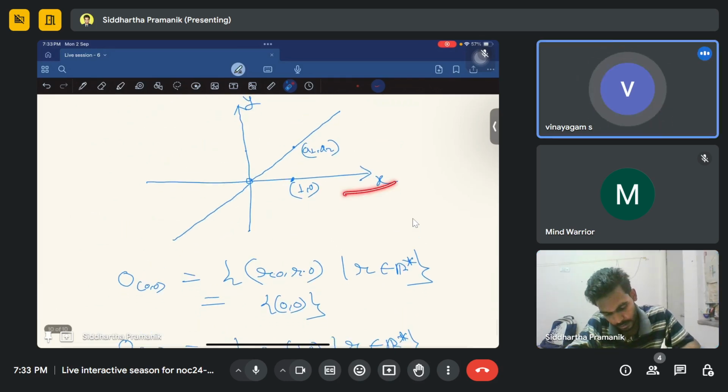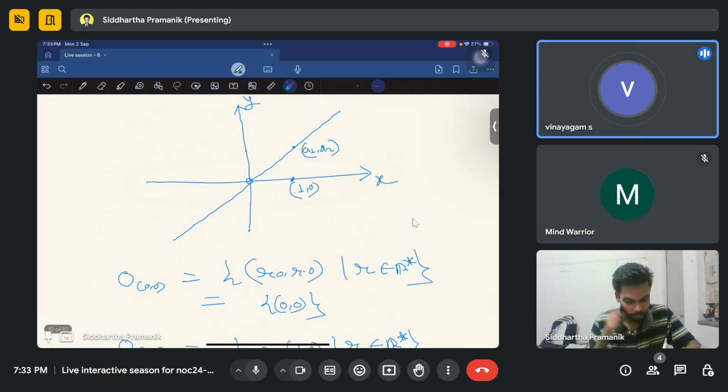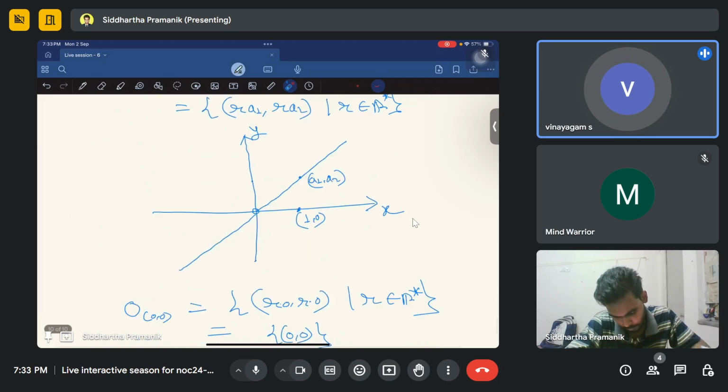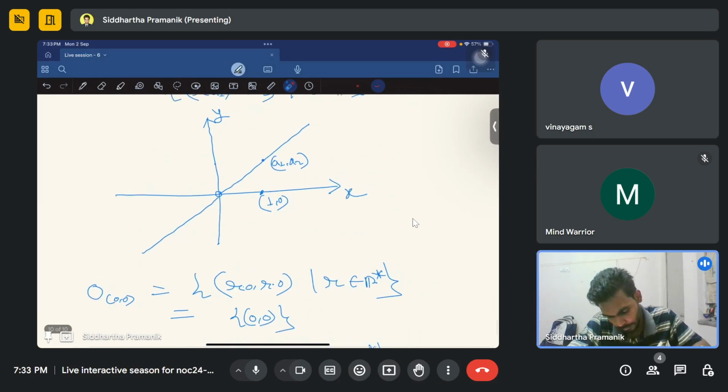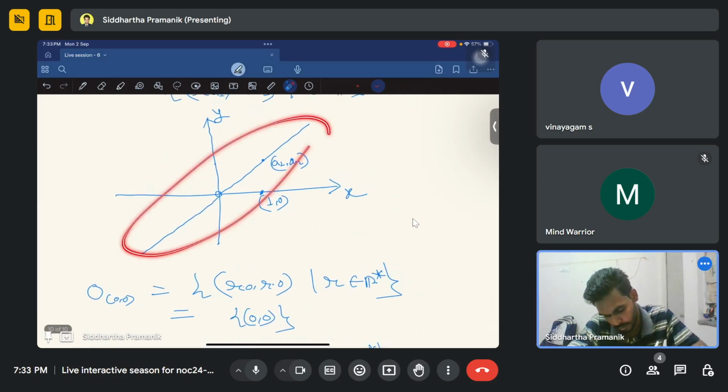Sir, in general, for the orbit of a, how to write this? It is a straight line. We are varying all points on this line, because we are varying this r.